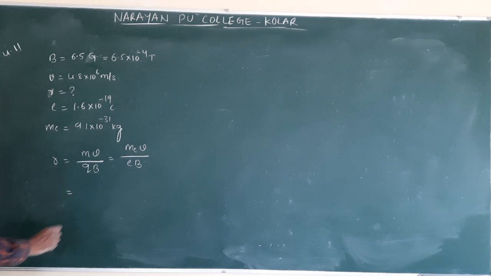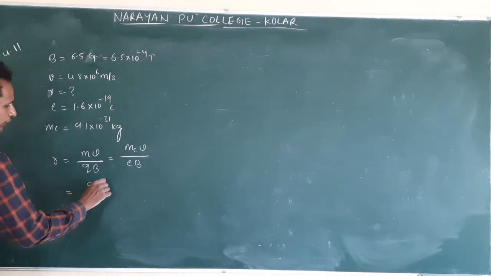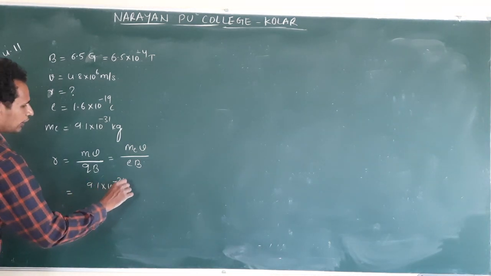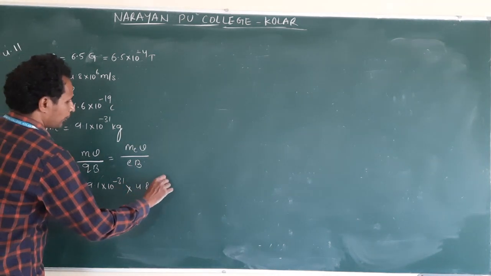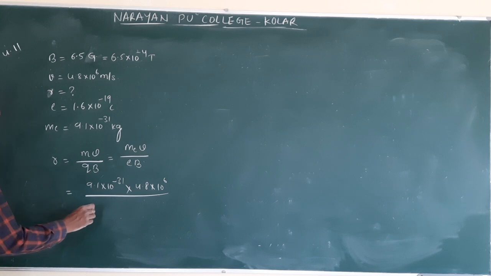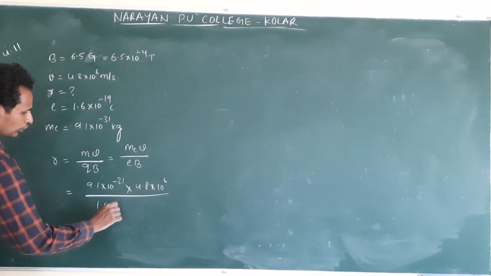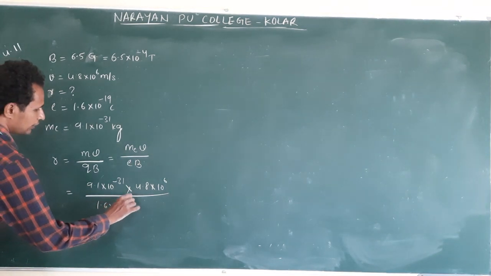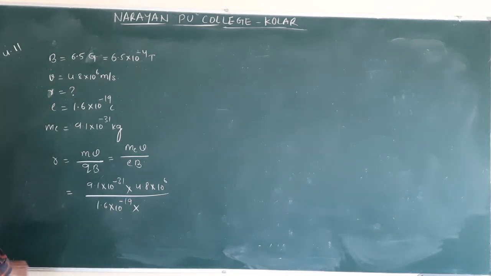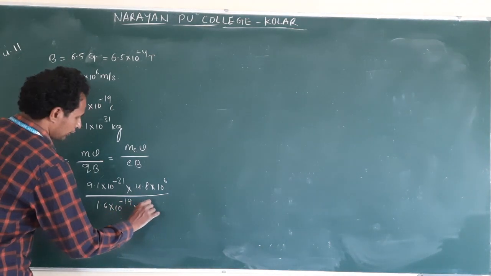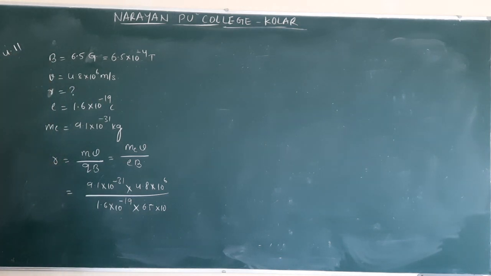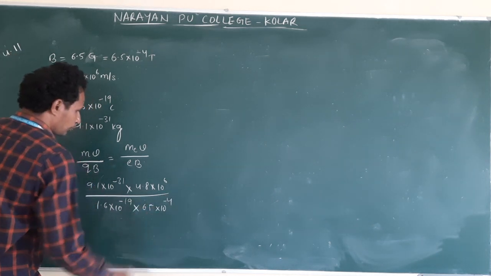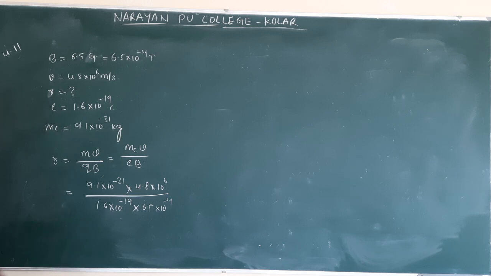Then this is equal to 9.1 into 10 power minus 31. The velocity is given as 4.8 into 10 power 6, divided by the charge of the electron 1.6 into 10 power minus 19, into the magnetic field 6.5 into 10 power minus 4.